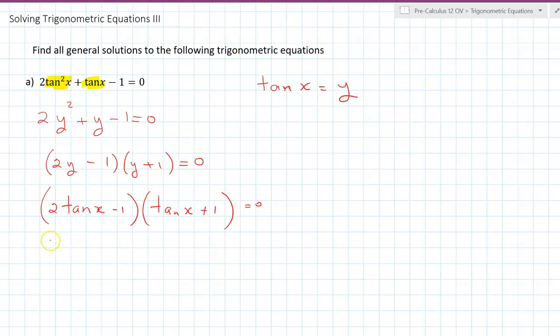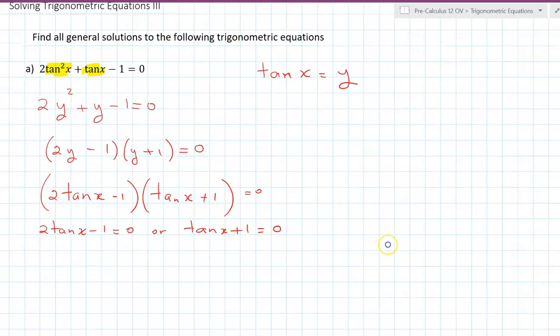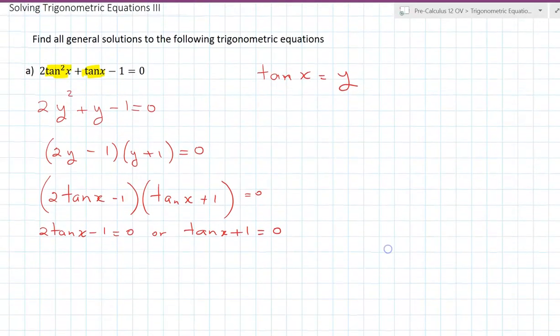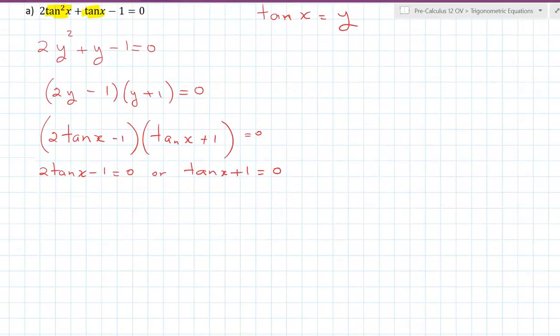So either 2 tan x minus 1 must be equal to 0, or tan x plus 1, let's not bypass any steps, equals 0. Great, let's solve each one of these. So this one we're just solving for tan of x, so tan of x equals a half. And then the next one will be tan x equals -1.